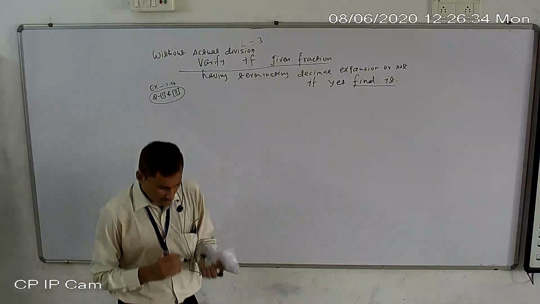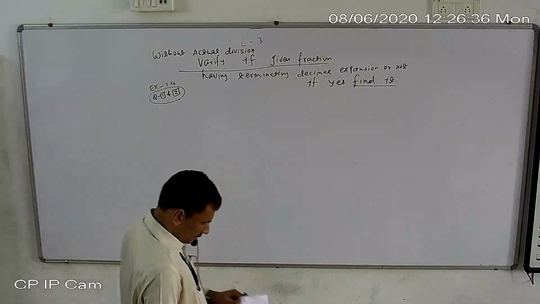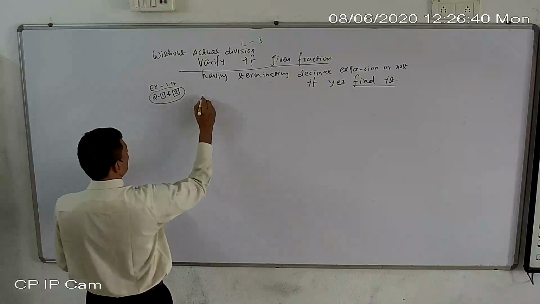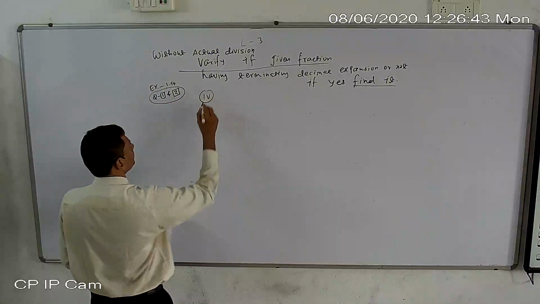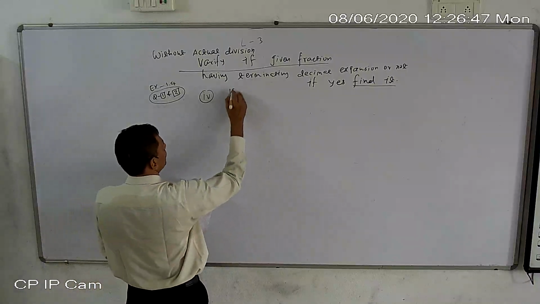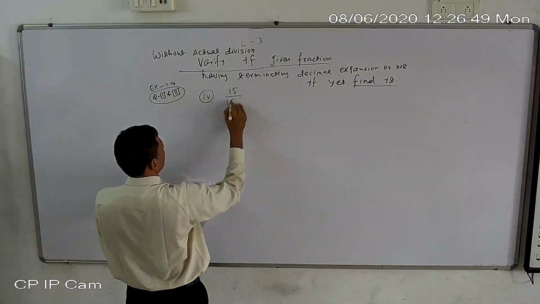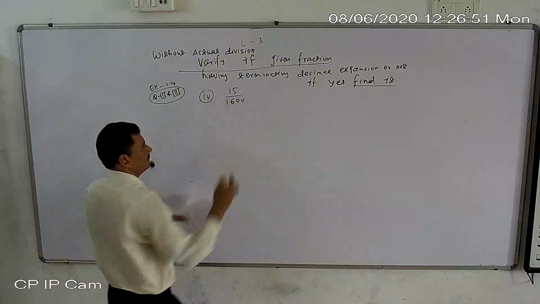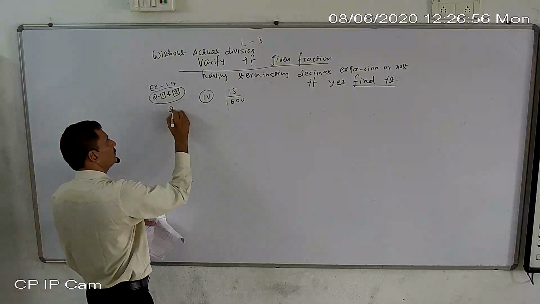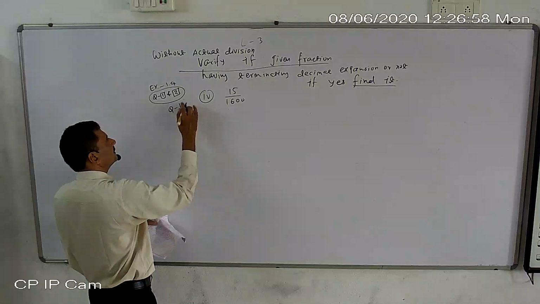Now look at another number. That was the first. Now I am giving you 4 numbers. 15 upon 1600. This is question number 4 of question number 1 or 2, whatever you think.